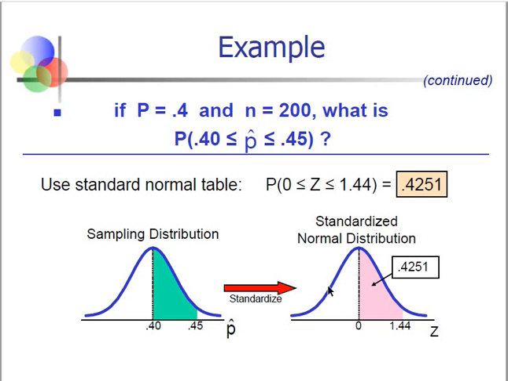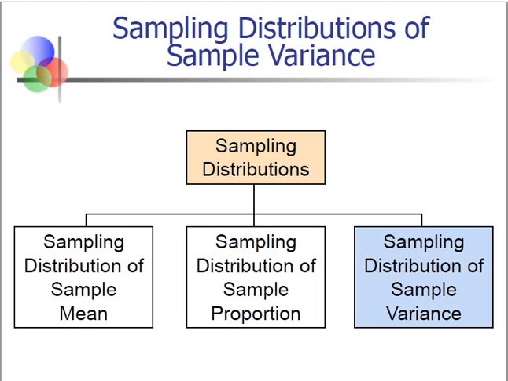You subtract 0.5 from the probability you get from the table, and your answer should be 0.4251. So that is how we find the probability when we're dealing with a sampling distribution of sample proportions.